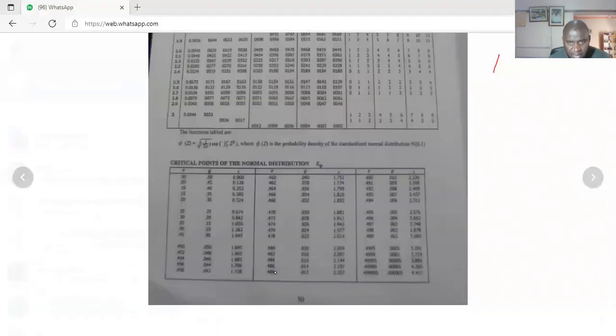You come and say 0.48, where are you? You are here. What value have we read? 2.05 automatically.